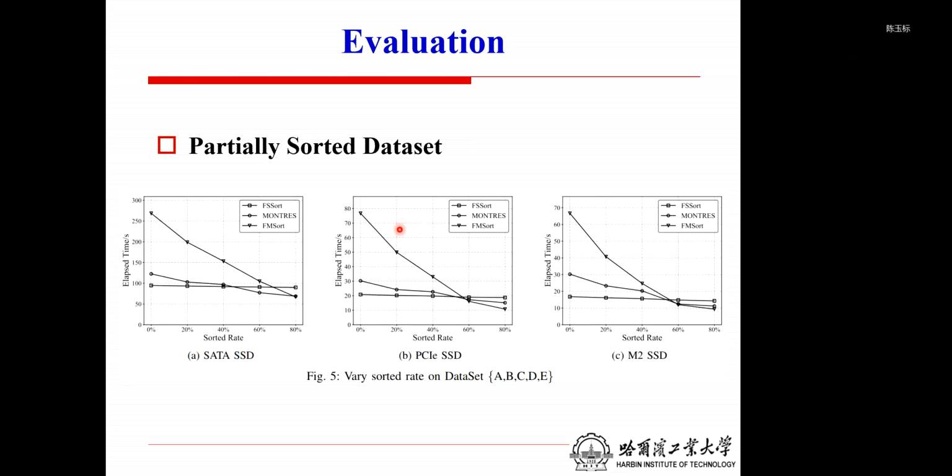From this figure, we can see that if the data order degree is high, Montres and FMSort perform well. But if the data order degree is low, FSSort performs better than the other 2.